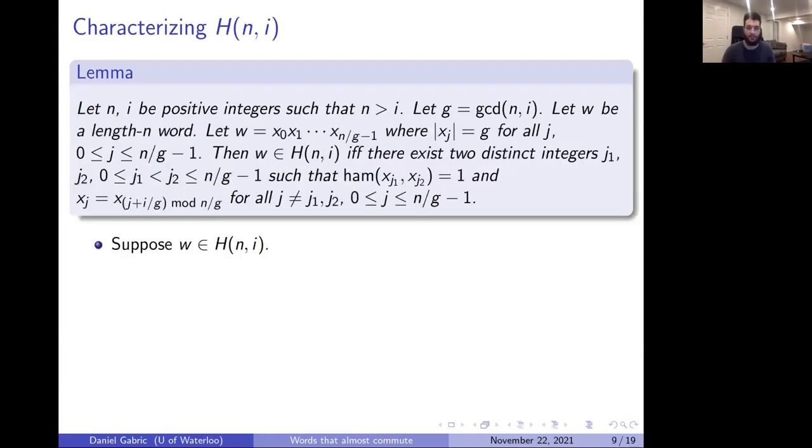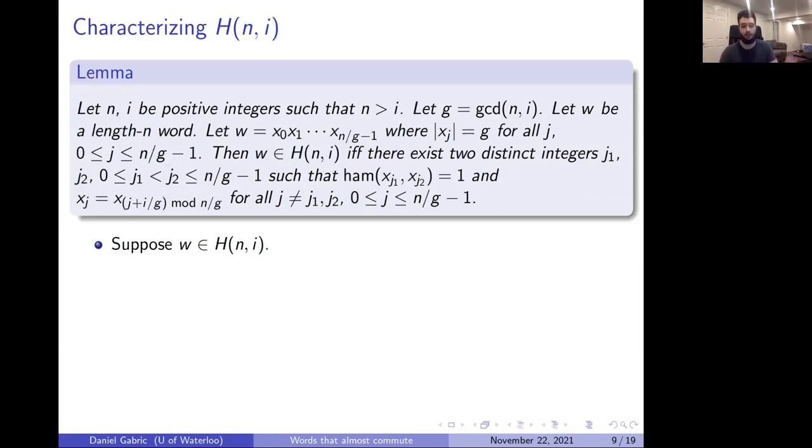So now we're ready to characterize H n i. Let n and i be positive integers such that n is greater than i. Let g be the greatest common divisor of n and i, and let w be a length n word. We split up w into length g blocks, x0, x1, x2, and so on, where each xj is of length g.